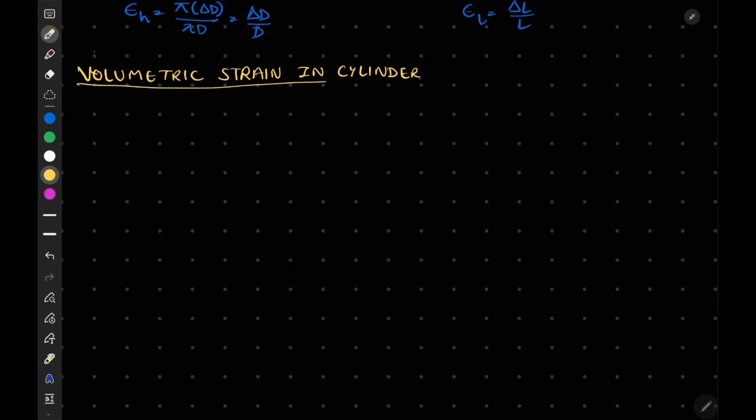So let me mention it here. Case 1 is when the internal fluid is incompressible.